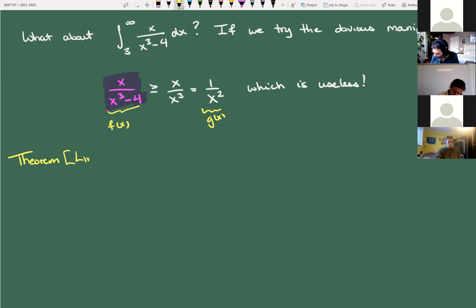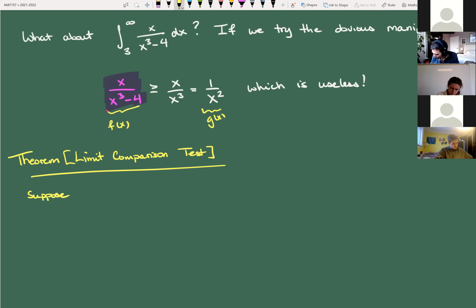So this is the limit comparison test, and you can call it the LCT. We'll all know what that means. So suppose, same sort of setup, right?